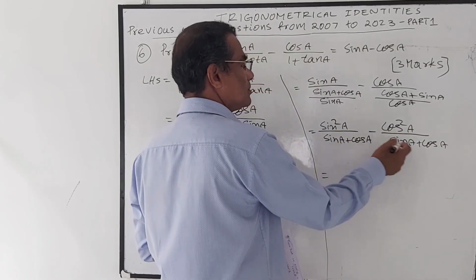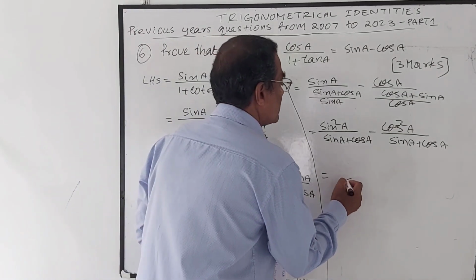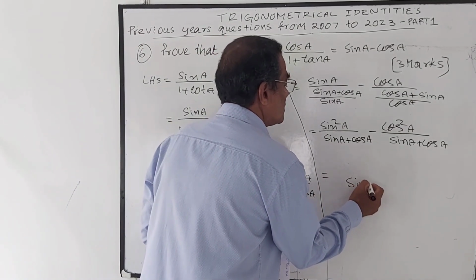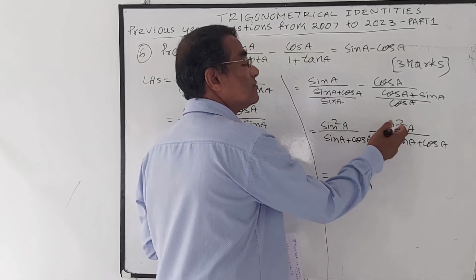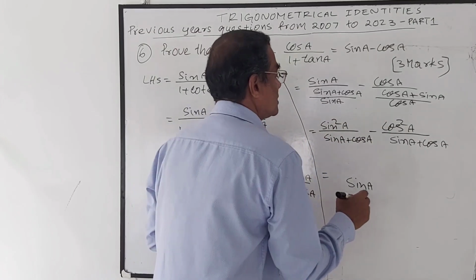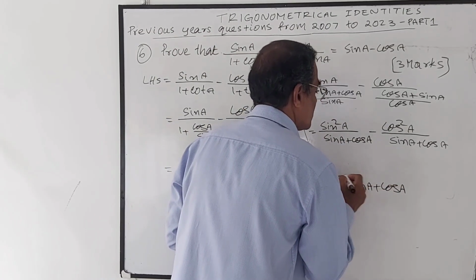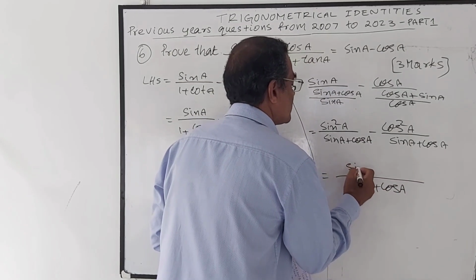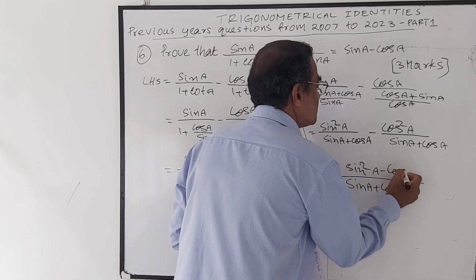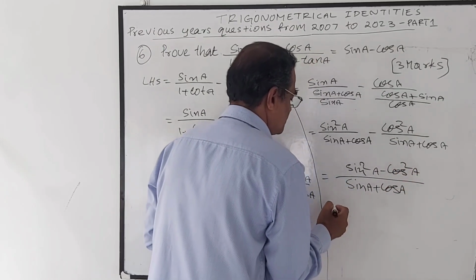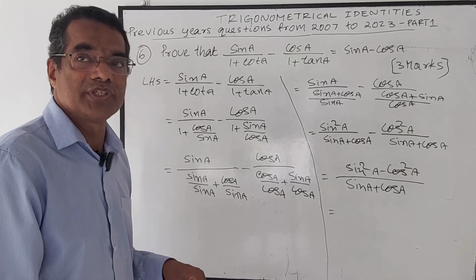So the denominators are the same, so we can write it as the common denominator for these numerators, sin A plus cos A, upon sin square A minus cos square A. Numerator is of the form a square minus b square.